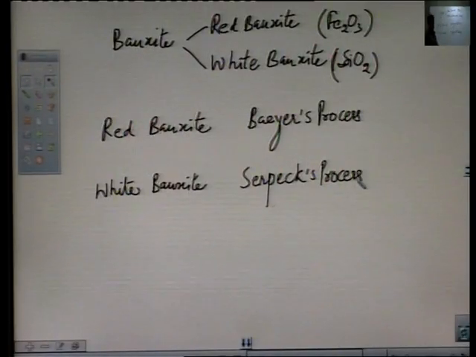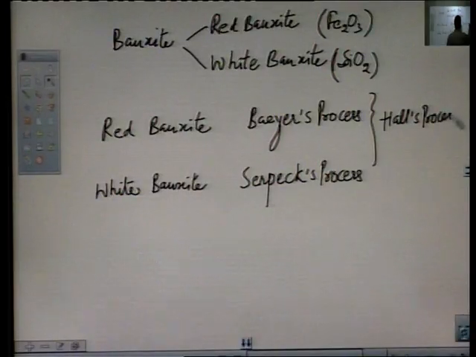And Hall's process removes both impurities of the bauxite ore, that is, the impurities of red bauxite as well as white bauxite. So, first of all, in purification we discuss the Baeyer process.